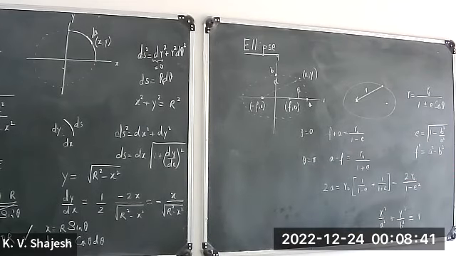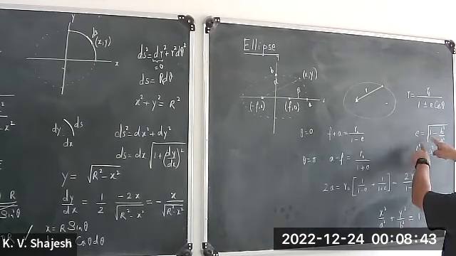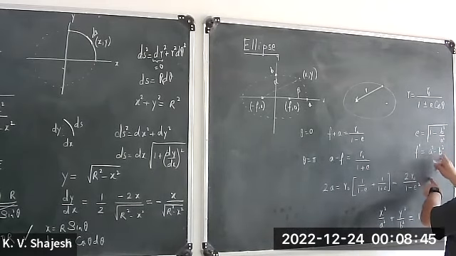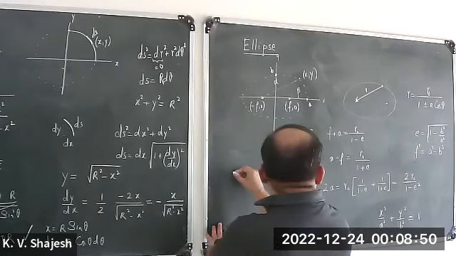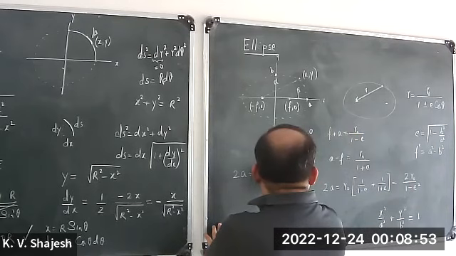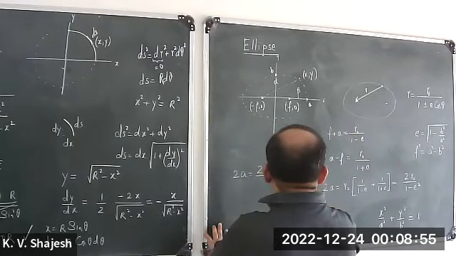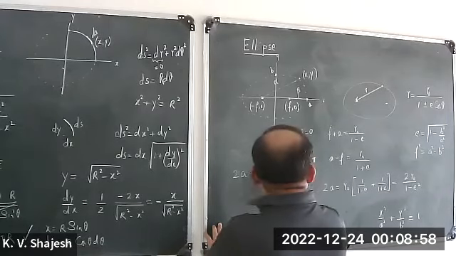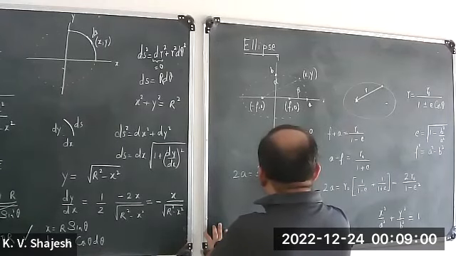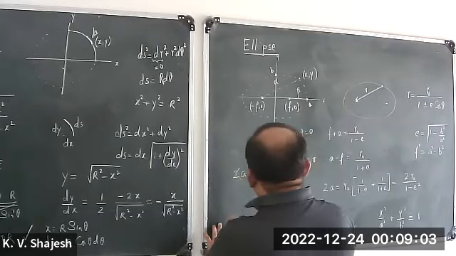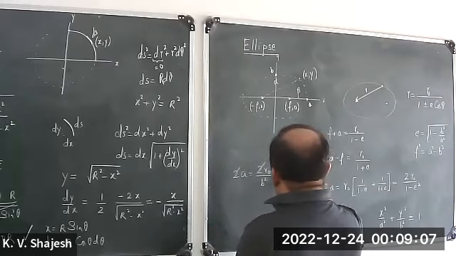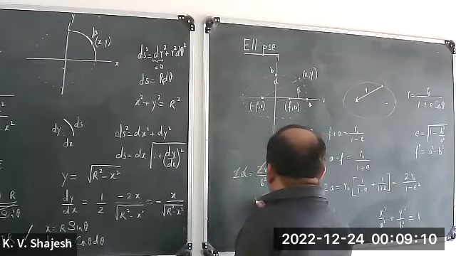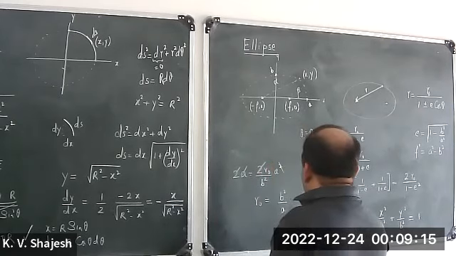Right. And 1 minus e² here is, we said in terms of e, is b² over a². So we have 2 times a is equal to 2 times R naught over that. Correct, I guess. a cancels out. So I have R naught is equal to b² over a. Better?